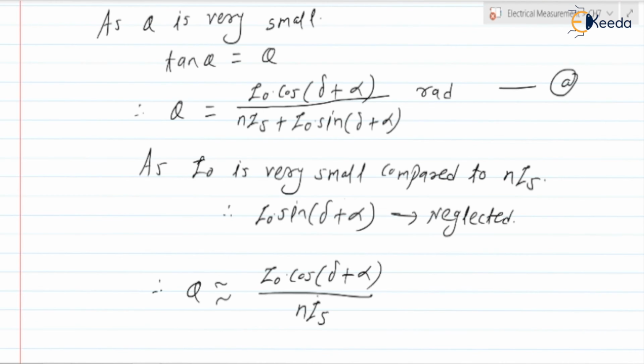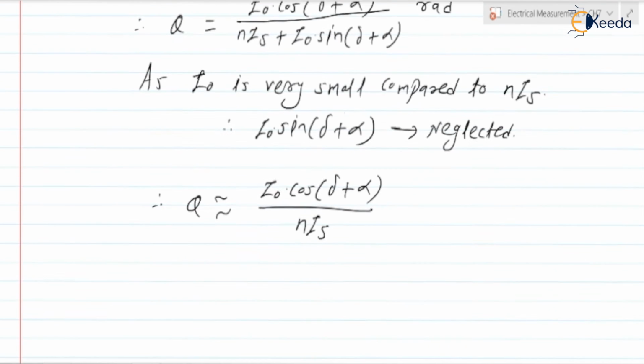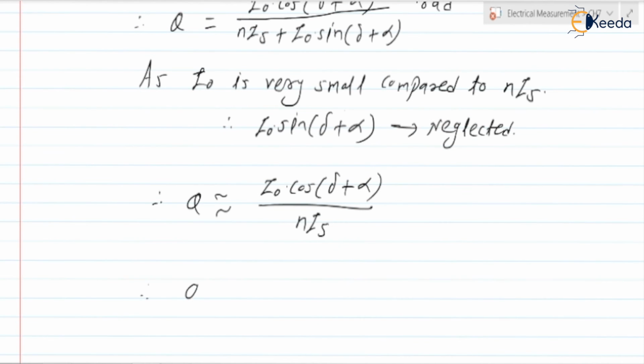Further, we can expand the term cos of delta plus alpha. Therefore theta is equal to I0 into cos delta into cos alpha minus I0 into sin delta into sin alpha, divided by N into IS.